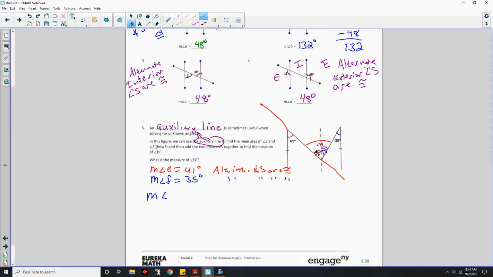The measure of angle E plus the measure of angle F equals the measure of angle W. The measure of angle E is 41 degrees. The measure of angle F is 35 degrees. Therefore, the measure of angle W is the sum of those. 5 plus 1 is 6. 4 plus 3 is 7. So the measure of angle W is 76 degrees.